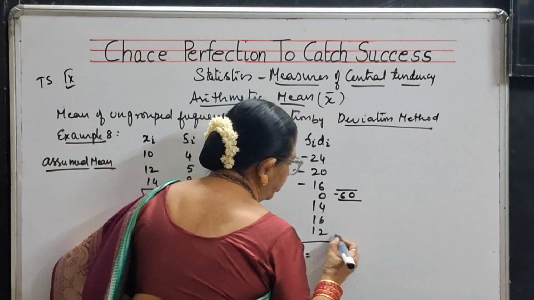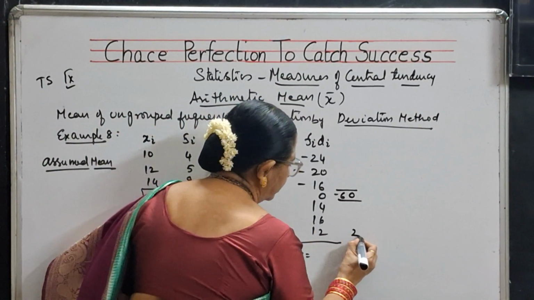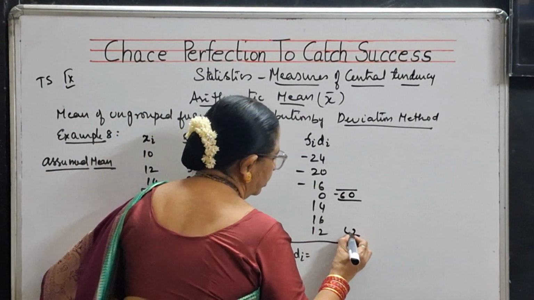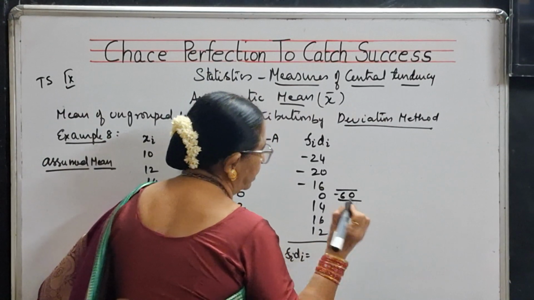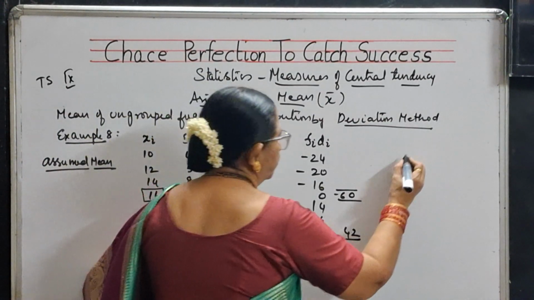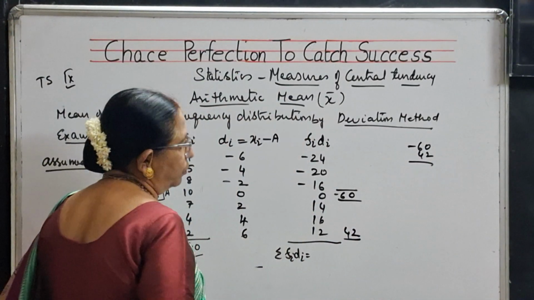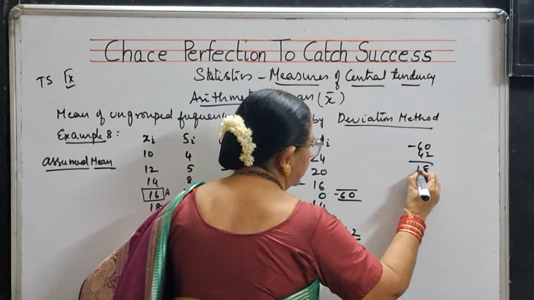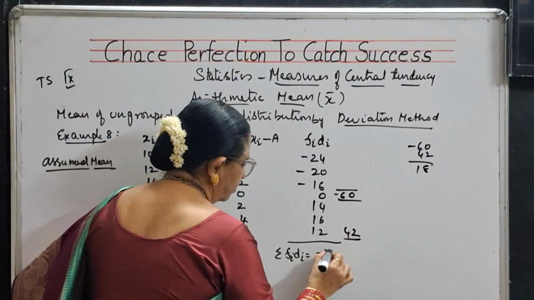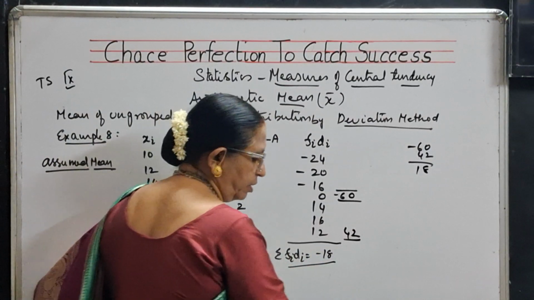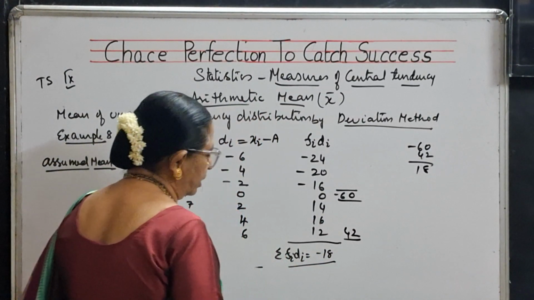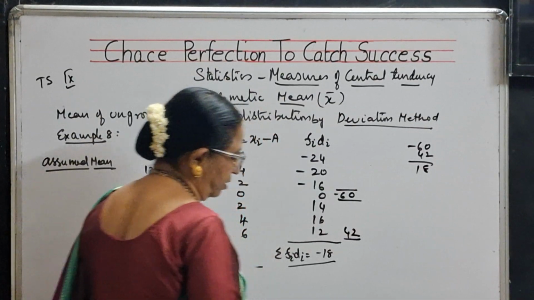And if you add all the positive values, how much do you get? 12 here and 42, plus 42 you get here. That means minus 60 plus 42. So how much do you get? Minus 18. So sigma fi di you have got as minus 18.